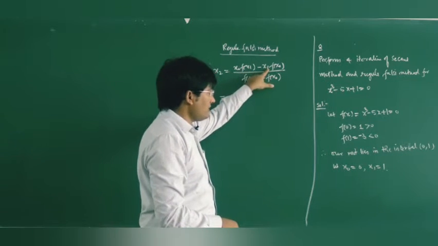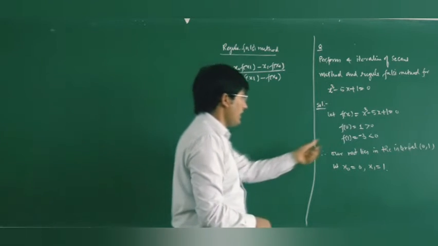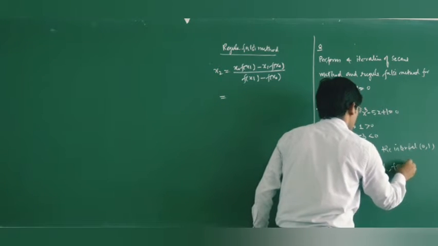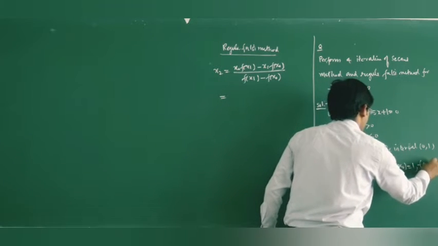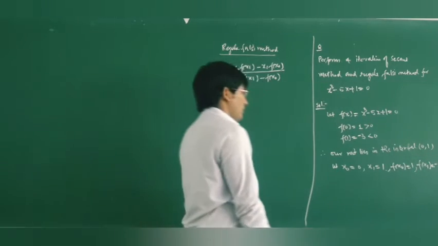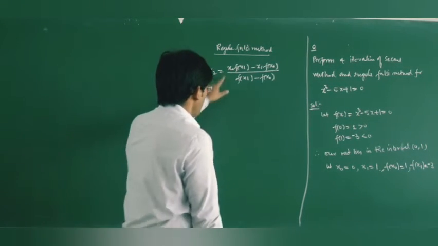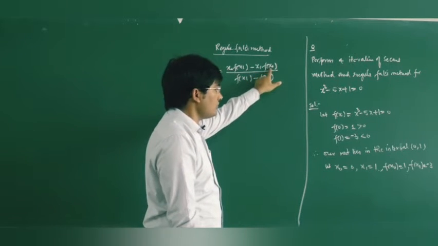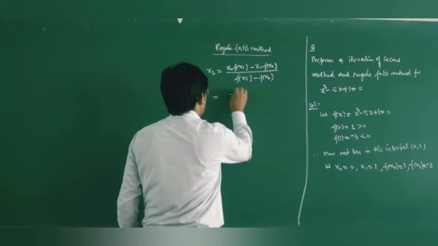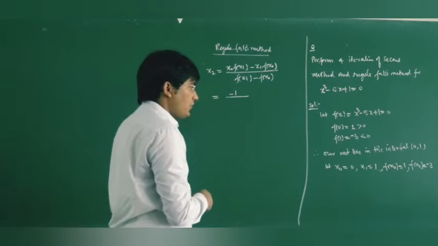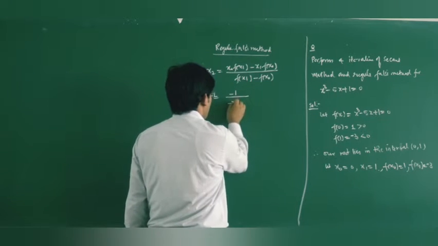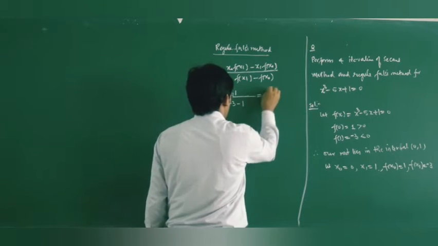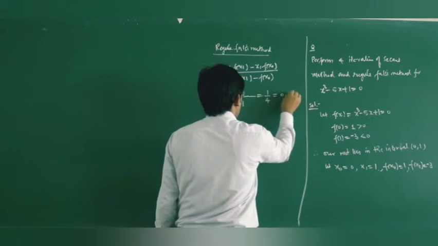Your x1 is 1, f of x0 is equal to 1 and f of x1 is equal to minus 3. So this is minus 1 divided by f of x1, which is minus 3, minus f of x0, which is equal to minus 4. So we have 1 by 4, that is 0.25.